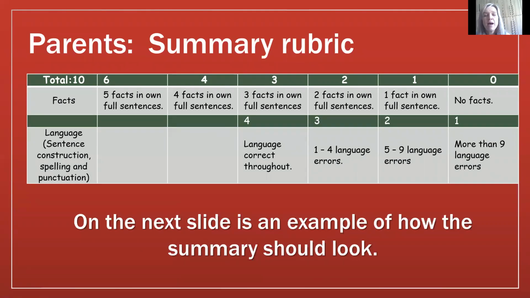So help them to understand what is a fact, what is a full sentence, and let them find their own way to their full sentences. Use this summary to mark their rubric with, and on the next rubric on the next slide, there will be an example of how the summary should look with the exact information that they had to use.